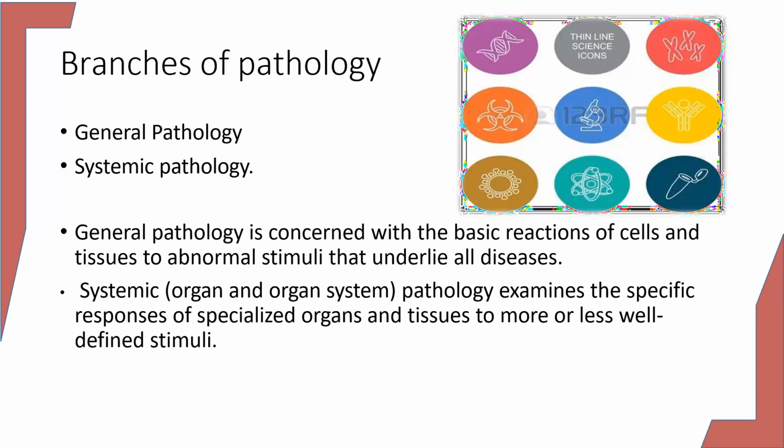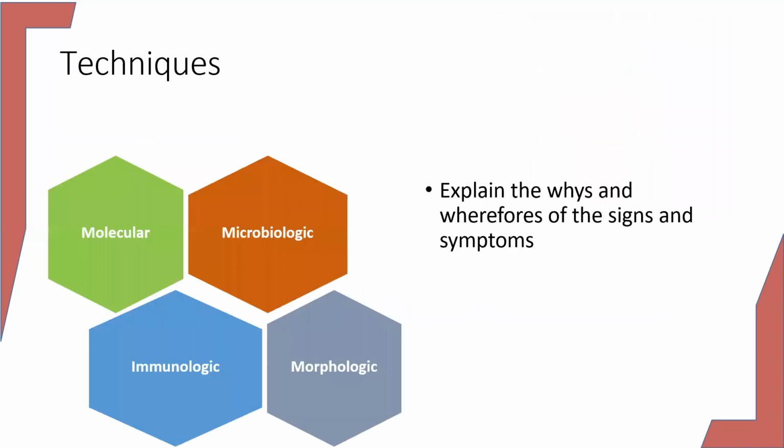And systematic pathology means organ pathology or system pathology. It examines the specific response of specialized organs and tissues to more or less well-defined stimuli. For this purpose, we use these techniques: molecular level and microbiological studies, immunological studies, and morphological studies.